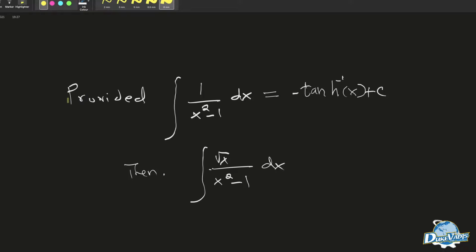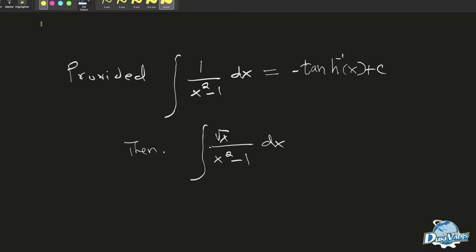If you look at it, what comes to mind is that because of the square root of x on top of the whole thing, we can let u be equal to the square root of x.